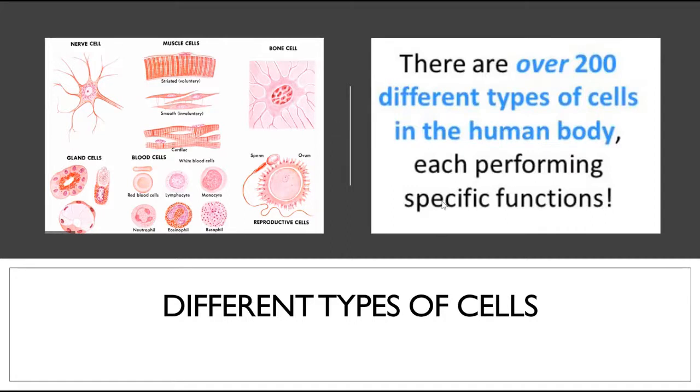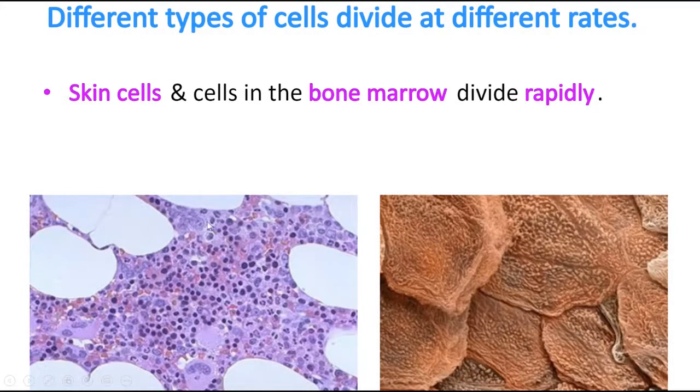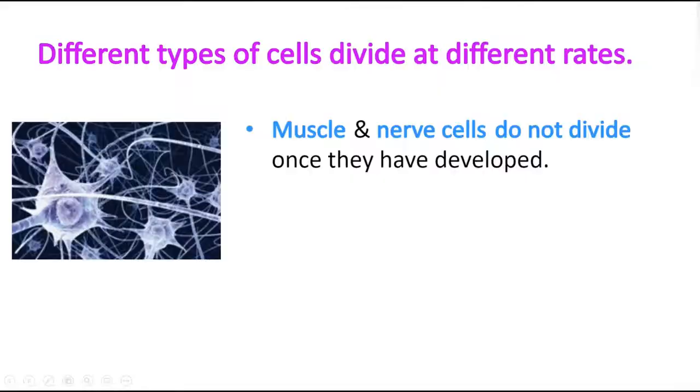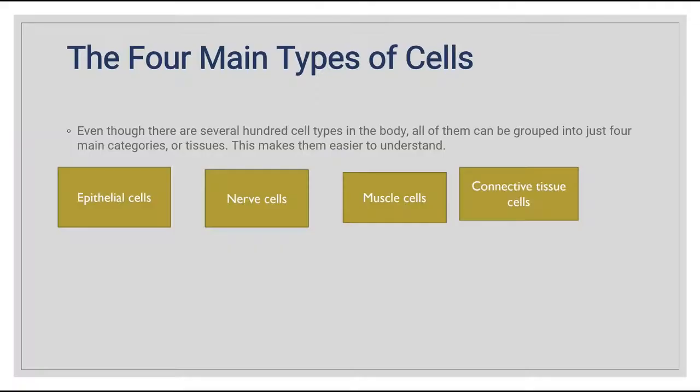This is just an example. Skin cells and bone marrow cells divide very rapidly. On the other hand, muscle and nerve cells do not divide once they have developed. So they are different in function in some aspects, but the basic structural and functional unit is the same.